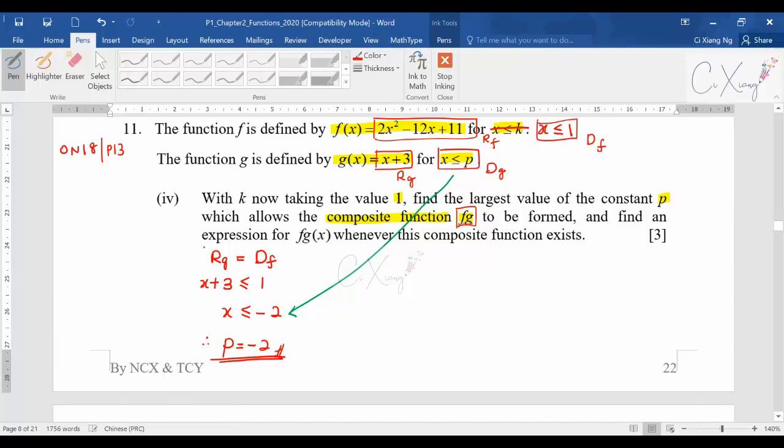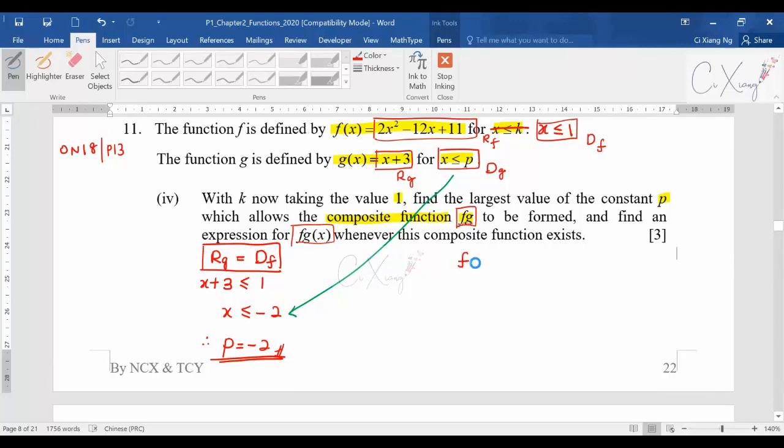Again, we are using this result here. When do we use this result? When they are asking about fg and the values that appear inside the domain or range of the composite function f composite g. Here we have got p already, and they want you to find fg(x). To find fg(x), it's very simple.